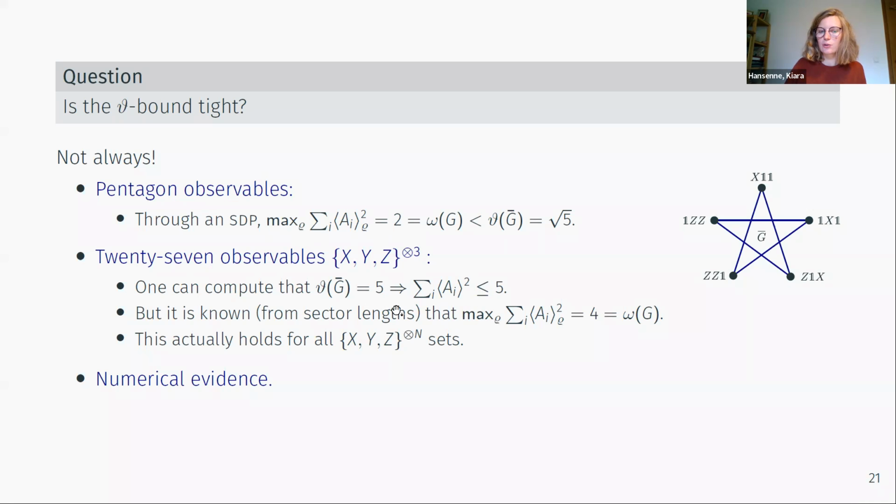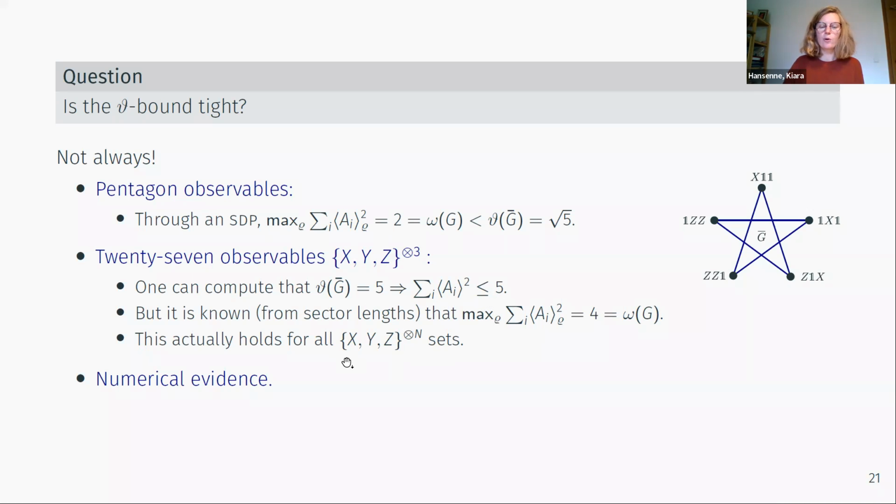Meaning that according to our result, if you sum the square of the expectation values, you have 5 as an upper bound. But actually, from other works, in particular works on sector length, it is known that if you maximize over all quantum states this expression for this set of observables, you can only reach 4. So this is already known. Again, it happens to be the clique number, so you can start to see a pattern here. Yes, so here is again an example where the Lovász bound cannot be reached.